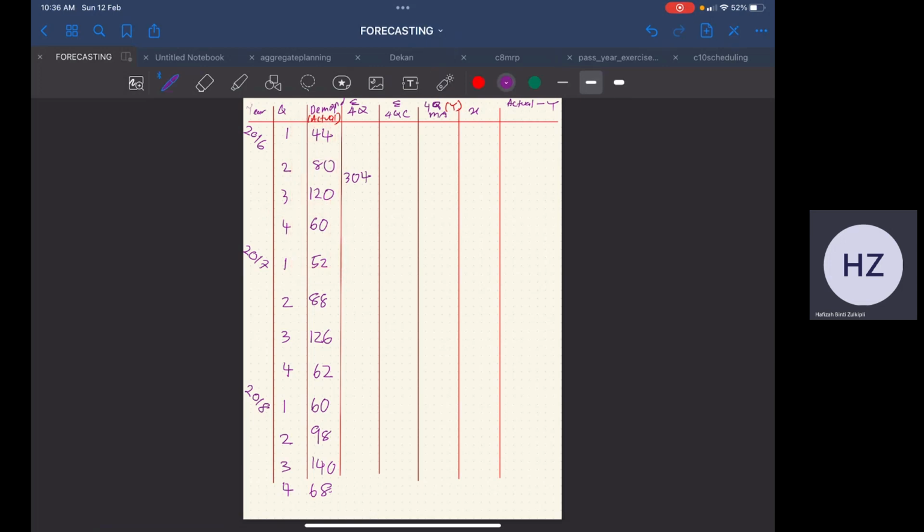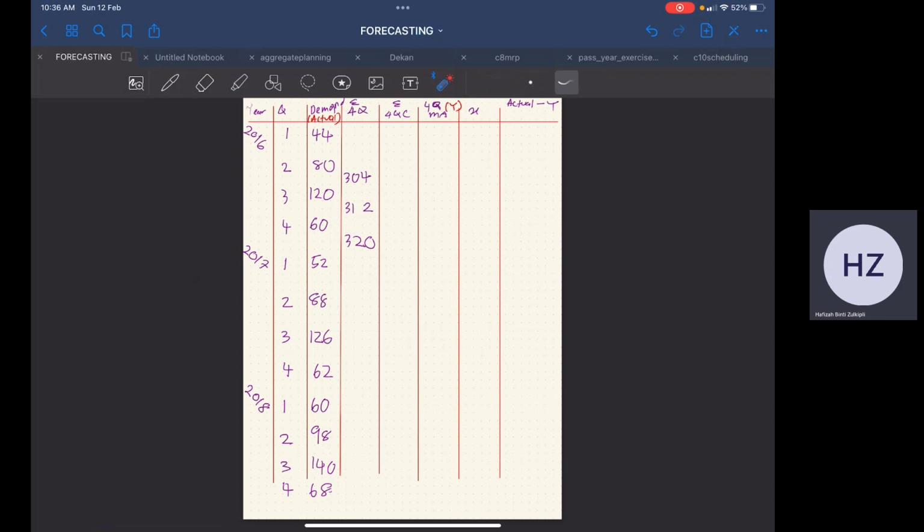And to get this, it is actually 312 minus 80 plus 88, which gives 320.